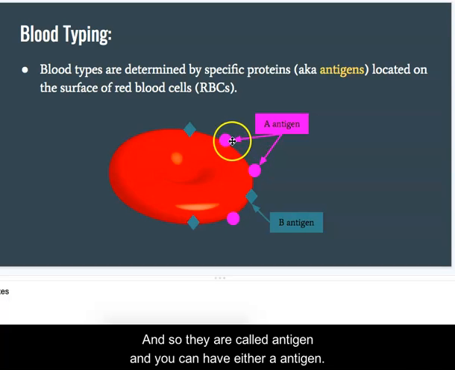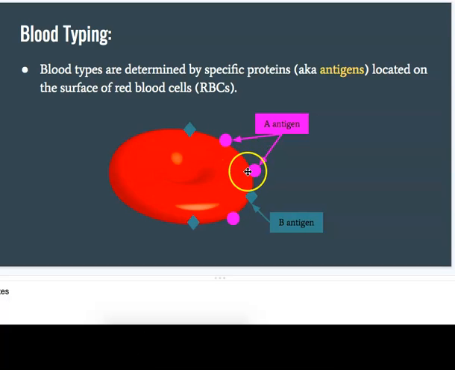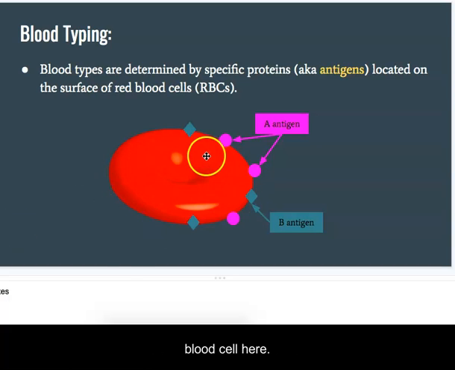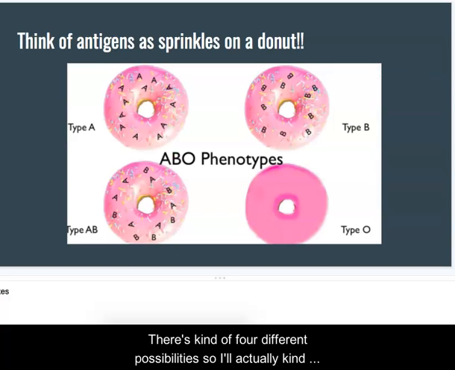And you can have either A antigens or you could have B antigens. You could even have A and B antigens, like this particular blood cell here. Or you might end up with no antigens. There's four different possibilities. So I'll highlight this point.